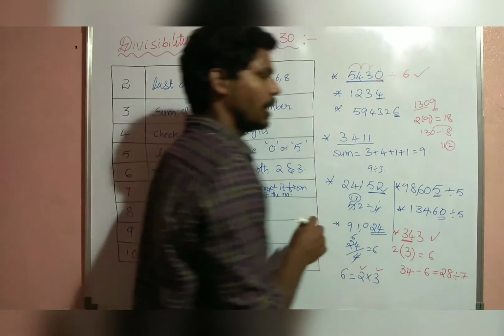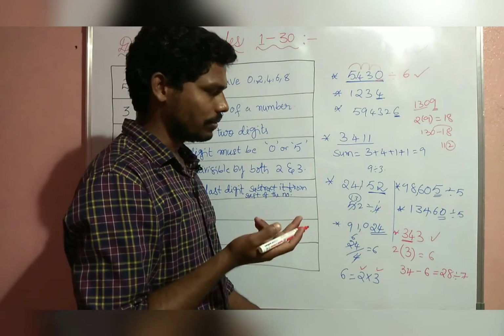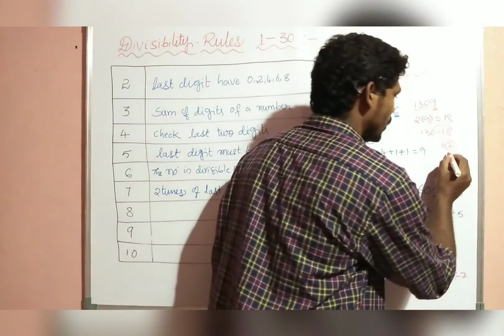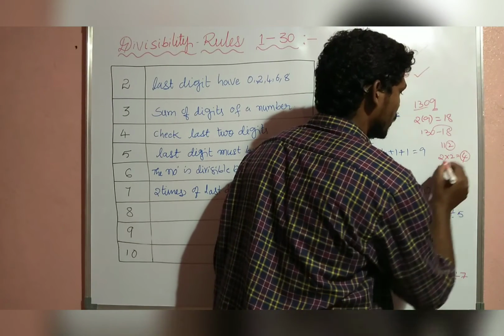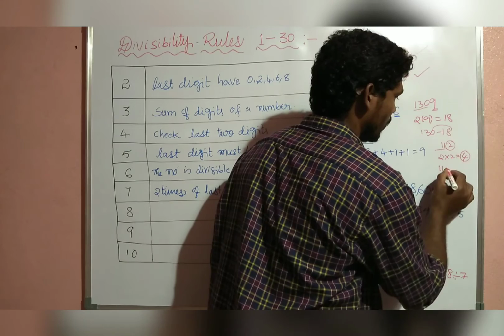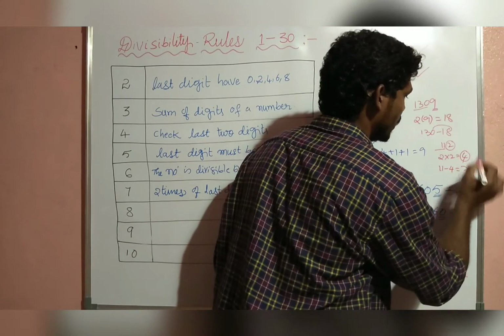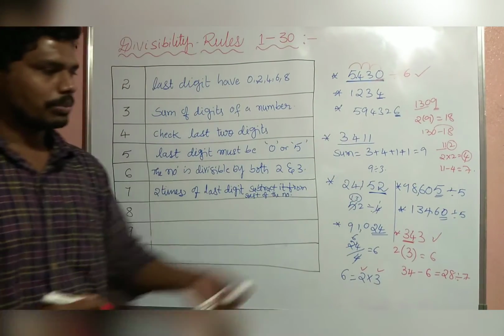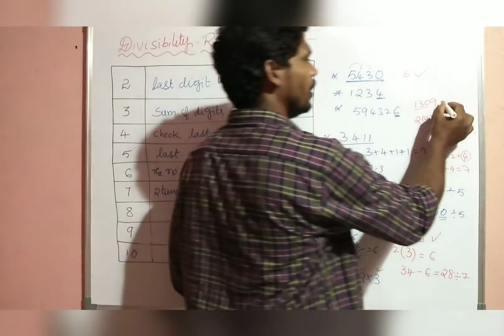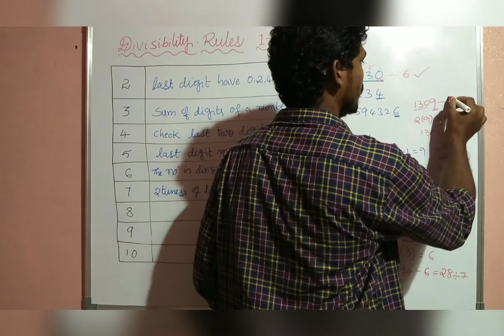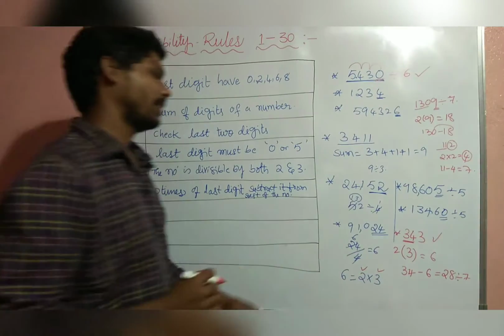Repeat the process until you get a multiple of 7. The last digit is 2, multiplied by 2 is 4. 4 is subtracted from the rest of the number, that is 11. 11 minus 4, you will get 7. Is 7 divisible by 7? Yes. So the number 1309 is also divisible by 7.